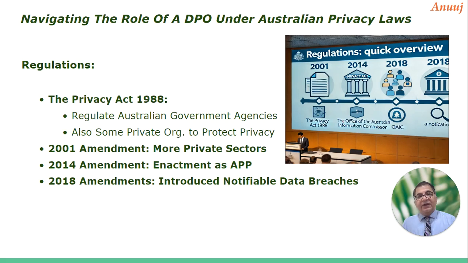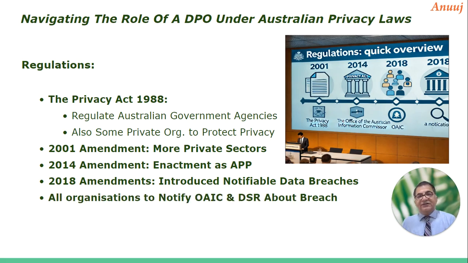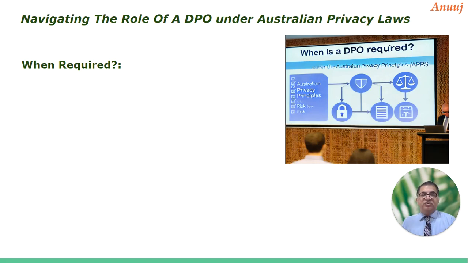In 2018, they further amended it and brought in the notifiable data breaches, which is that whenever there is a data breach, the respective organization is required to inform about the breach to the data subjects whose data is impacted, as well as to notify the OAIC, which is the Office of Australian Information Commissioner. Right? So these are two places where the breach is to be notified as per the APPs or the Australian Privacy Principles.